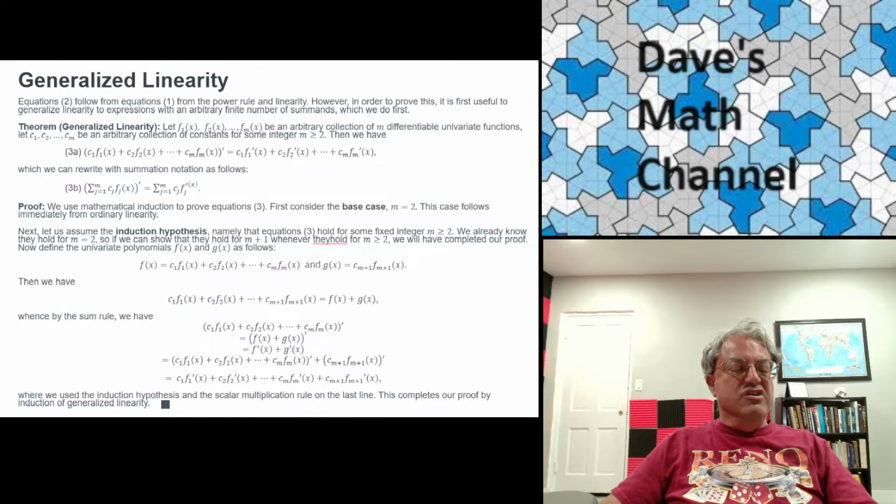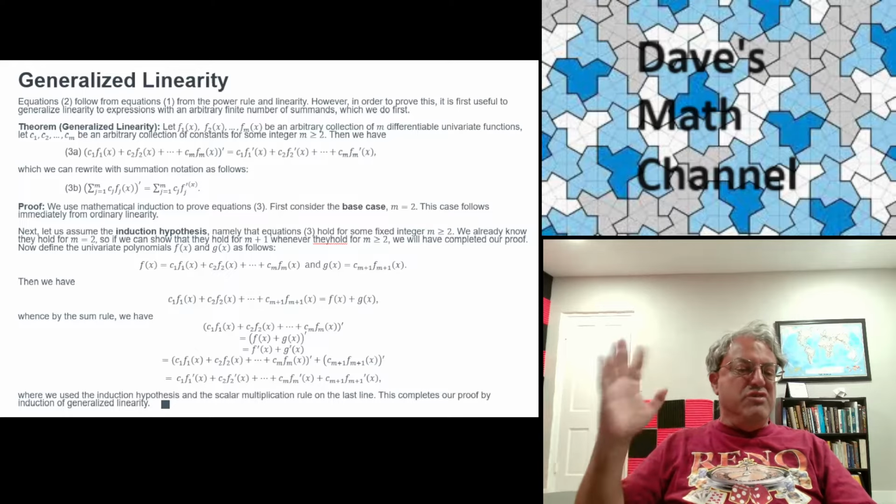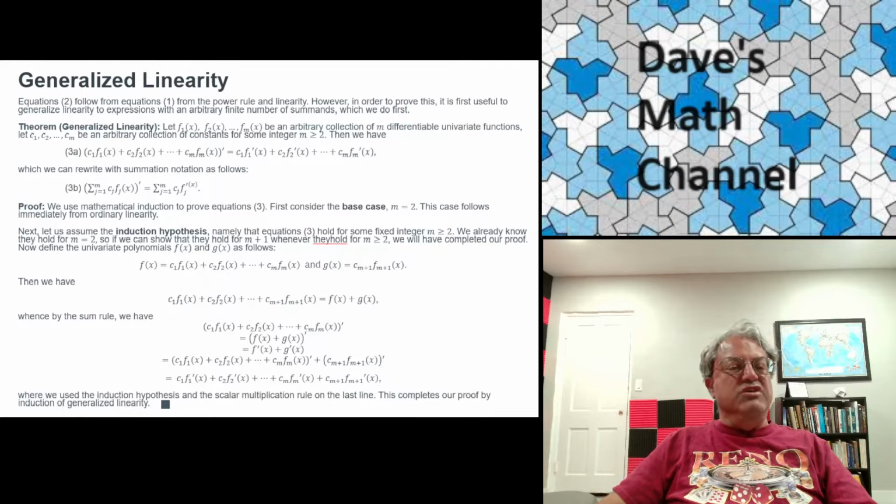The reason is that it's like climbing up a ladder. You're starting at m equals 2, and you prove that if it holds for m equals 2, it holds for m equals 3. But we've proved this for general m. That means if it holds for m equals 3, it holds for m equals 4. If it holds for m equals 4, it holds for m equals 5, and so on. So this is the proof by induction.